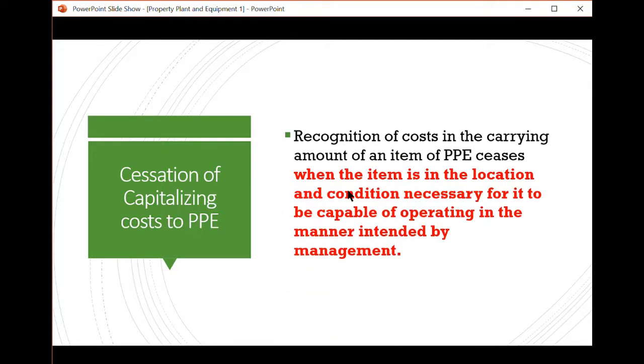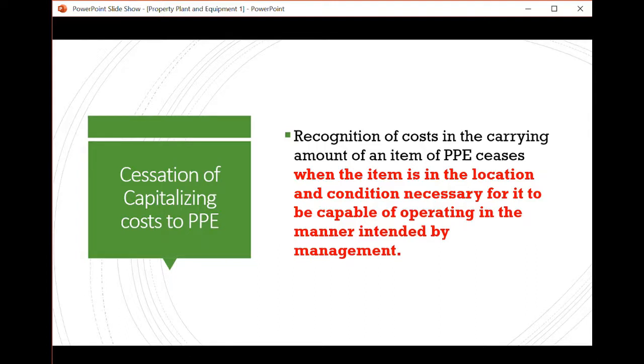So we will no longer capitalize the cost to the PPE when the item is already in the location and condition necessary for it to be capable of operating. So for example, if the building is already finished and it's already capable of being used, any expenses after the building is finished are no longer capitalized as part of the building.